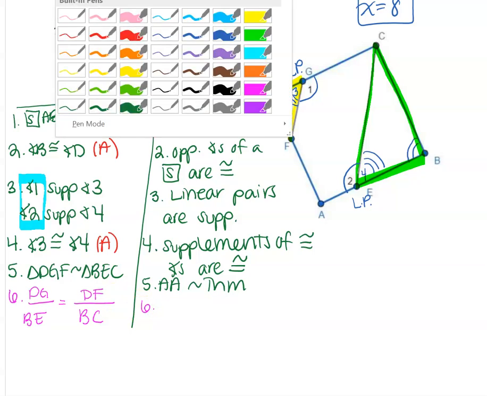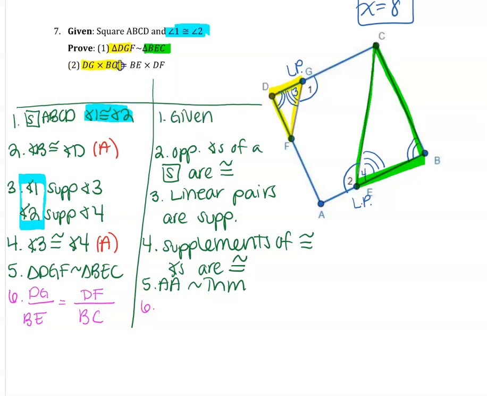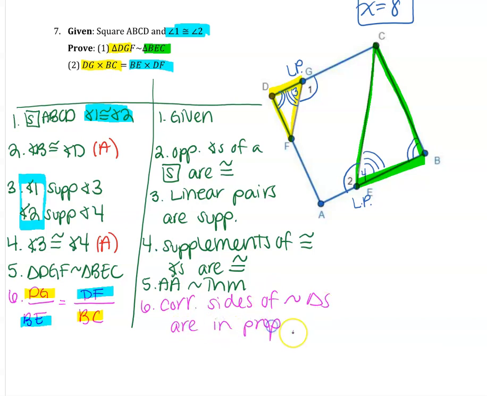Okay, this should make sense because there's DG times BC, DG, BC, they're across. BE, DF, BE, DF, there they are, they're across. Okay, now our reason is corresponding sides of similar triangles are in proportion.